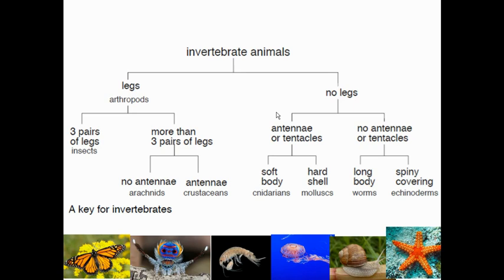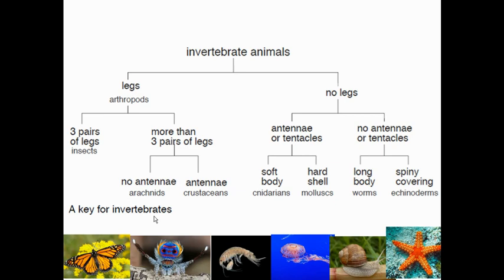So let's have a look at how we classify these animals. If an invertebrate has legs and it's got 3 pairs of legs, so 6 legs overall, it's an insect. We hear this word insect loads, and there are lots of things that fall into the group insect.